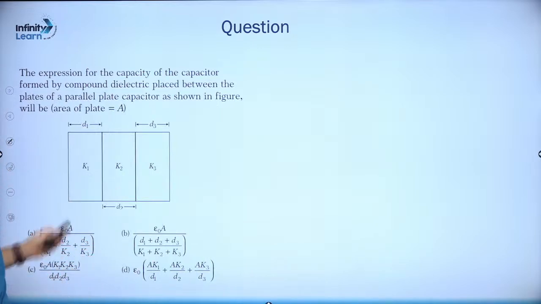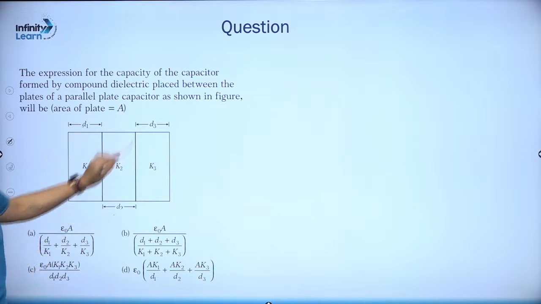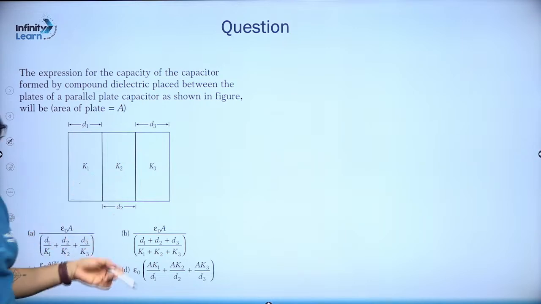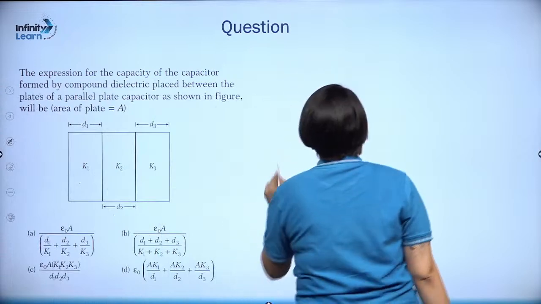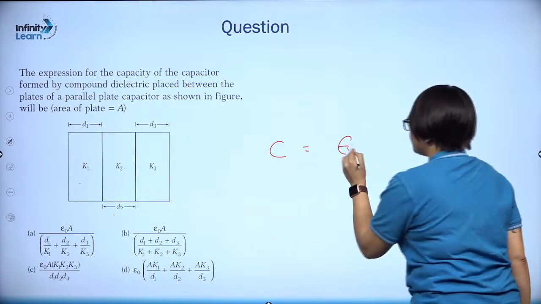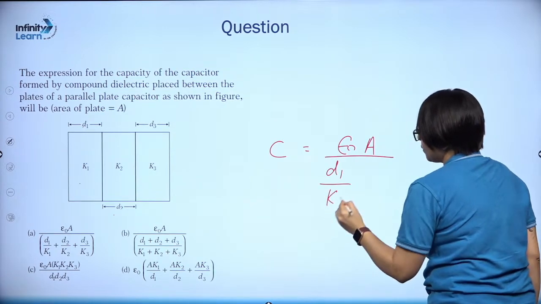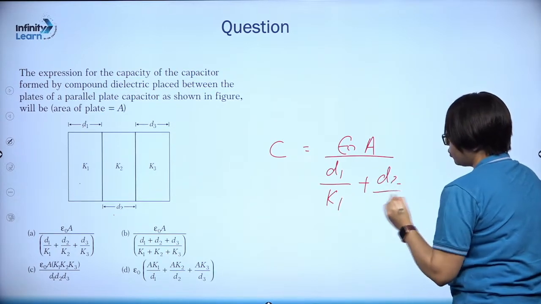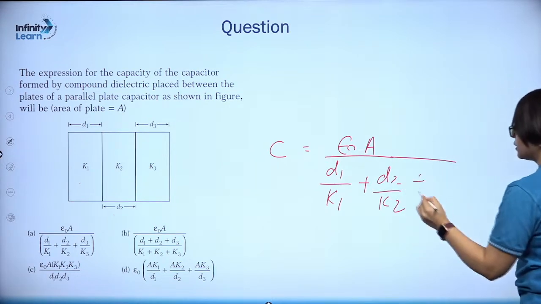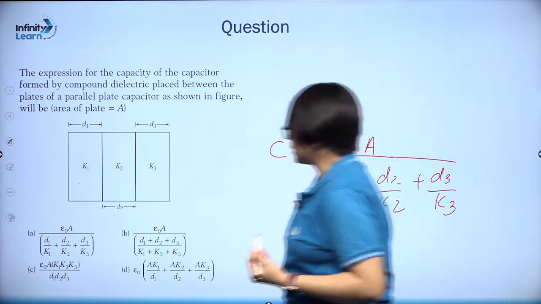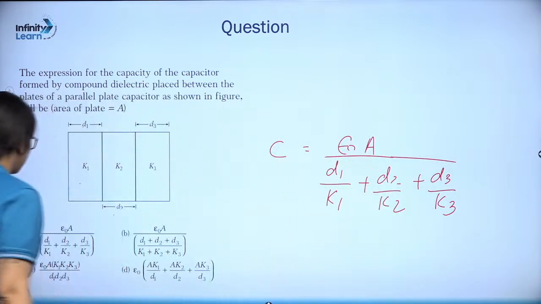If you have multiple dielectrics between the plates of the parallel plate capacitor having thickness d1, d2, d3 and so on, and having dielectric constants K1, K2, K3 and so on, then in this case, beta, the value of the capacitor is given as epsilon naught A divided by d1 upon K1 plus d2 upon K2 plus d3 upon K3 like this. Okay? So this is the direct formula, which is option A.